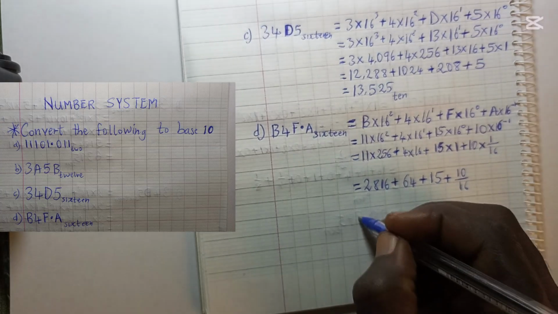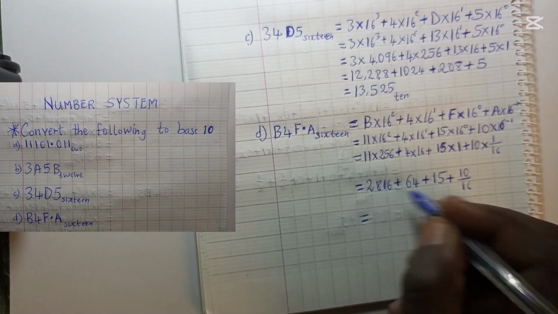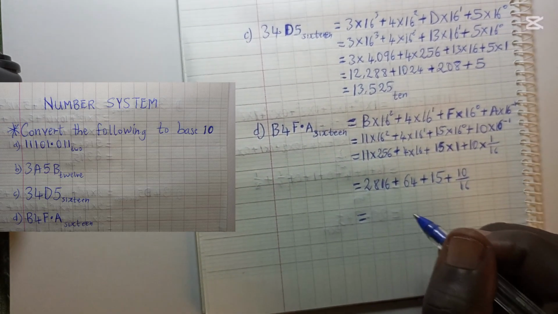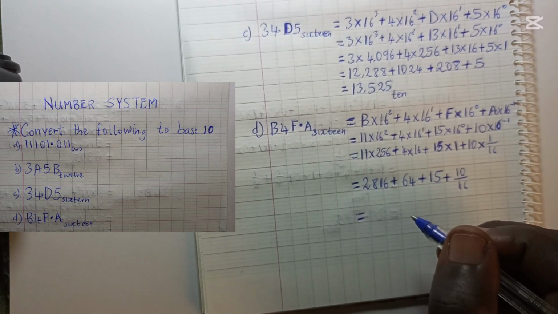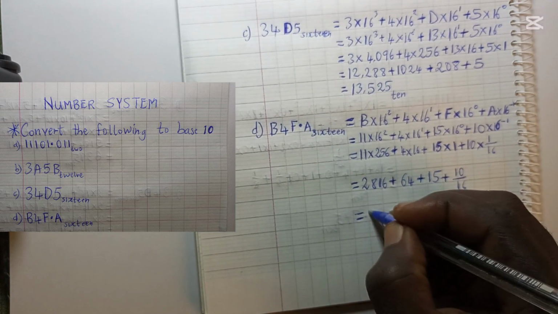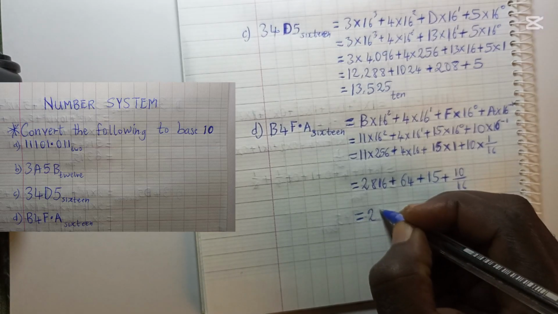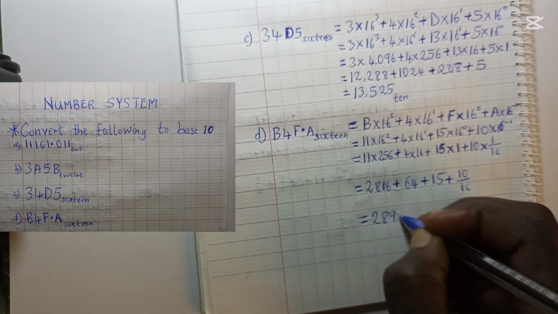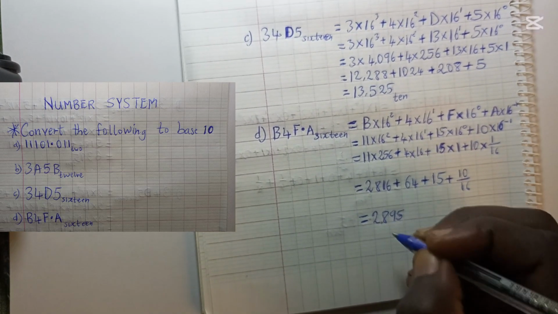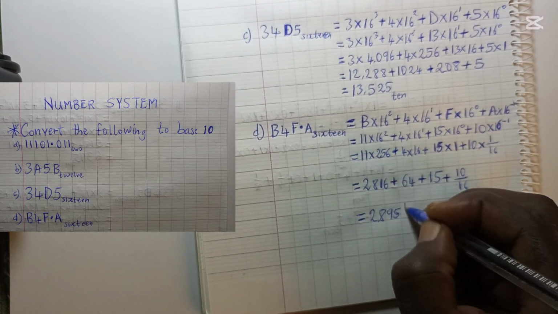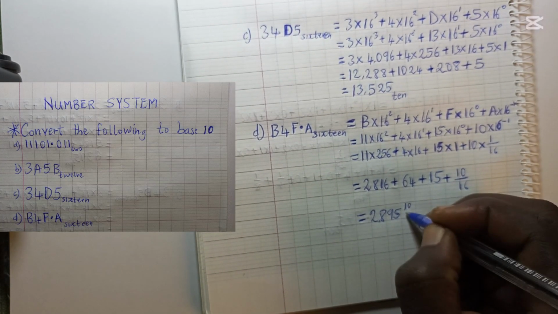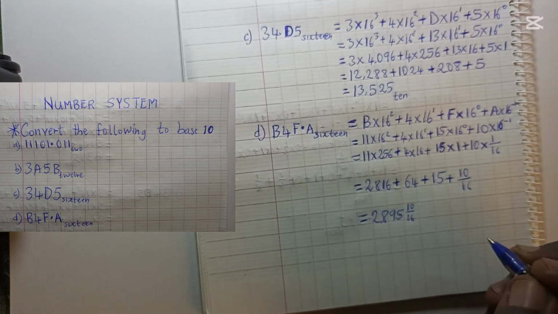So if you add up all these numbers together, it will give us 2,895 whole number 10 over 16.